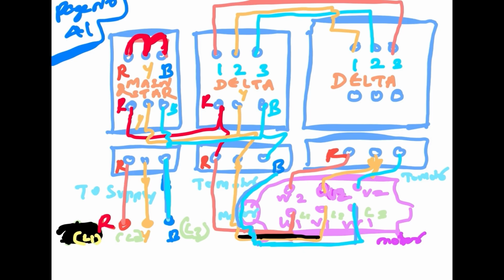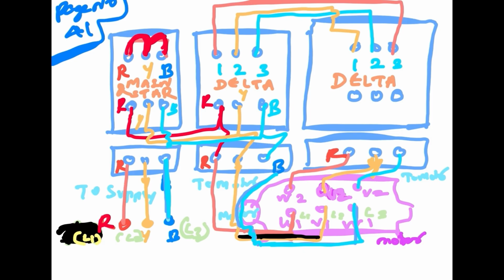And the delta contactor upper terminals are connected 1 to 3, 2 to 1 and 3 to 2, as shown in the figure, delta 1 to delta 2 contactor, that is the delta connected lines.